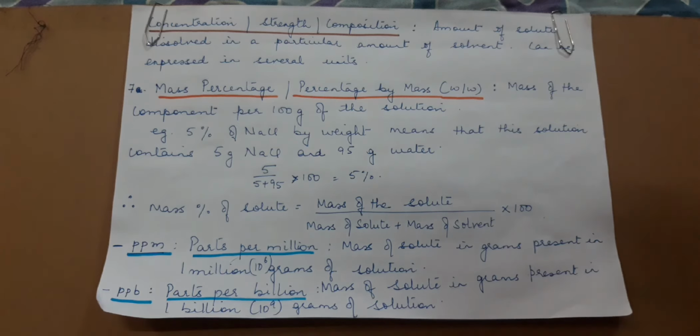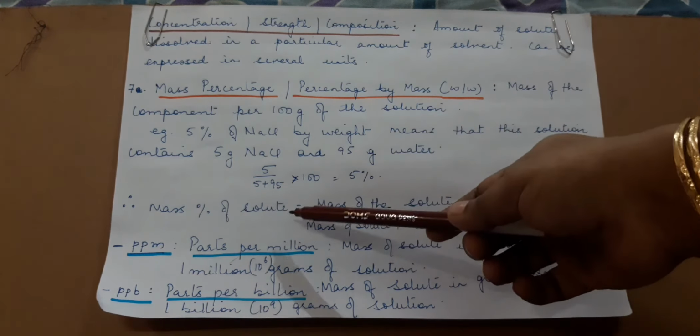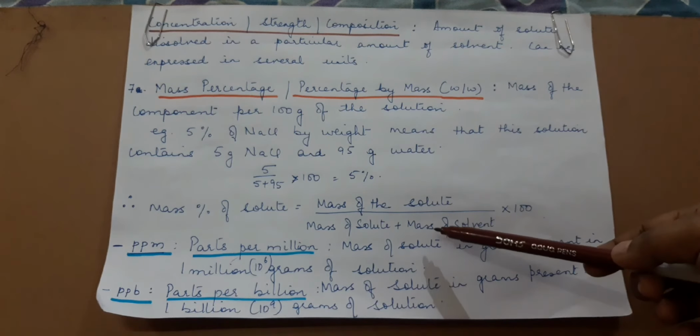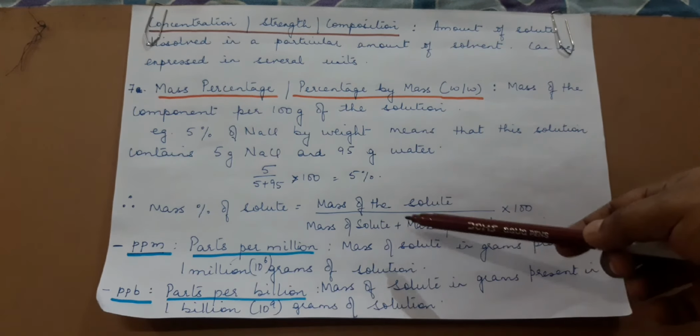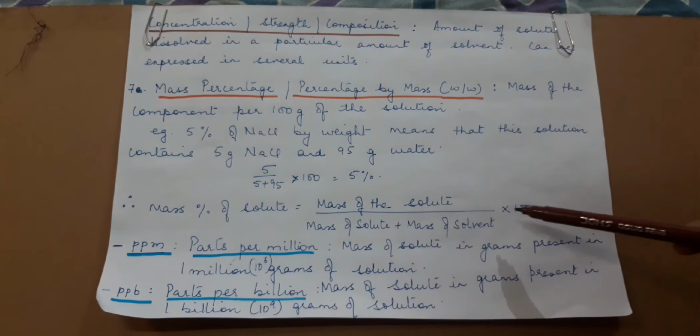Okay, so when we say mass percentage, what is mass percentage? Mass percentage is the mass of the component per 100 gram of the solution. That means mass percent of the solute would be mass of the solute divided by mass of the solute plus mass of the solvent, because I need the solution over here, into 100.